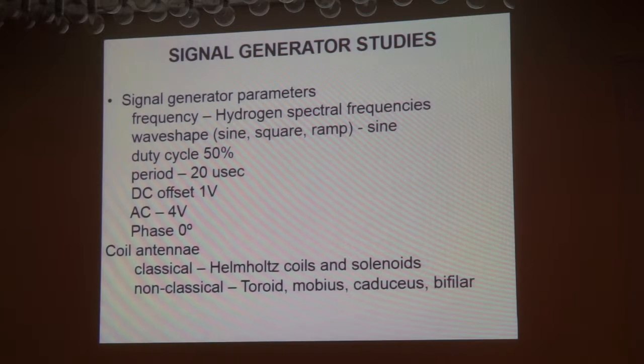The generator for these experiments was a signal generator with the same parameters that I used before, but no longer using the 43 kilohertz. The purpose here was, well, if you're going to measure pH, the best frequencies to put in the water would be the frequencies of hydrogen. So what are the frequencies of hydrogen?